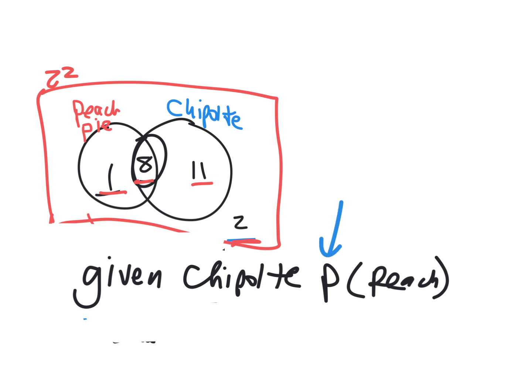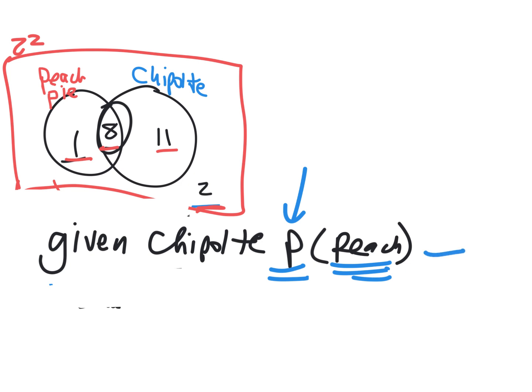So what does that P stand for? It does not stand for peach. And this is important nomenclature. That P stands for probability of. Peach is there. That's probability of peach. So it's a probability, so then it's a fraction.